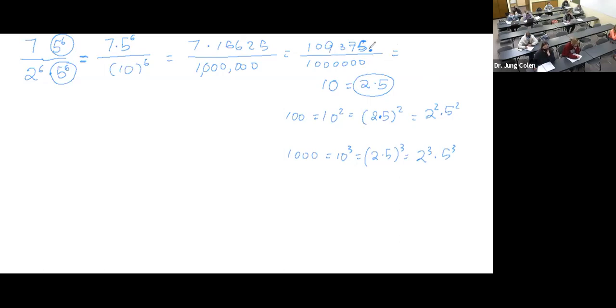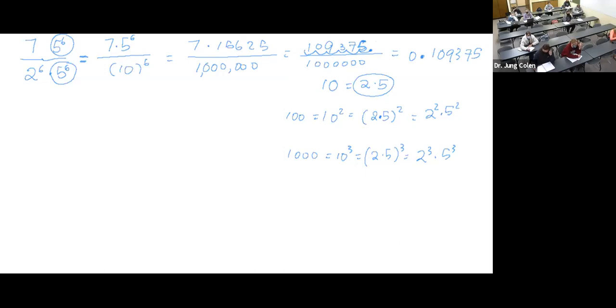So if you are dividing, you need to move the decimal point to the left. Since we have 6 zeros, you can move that 6 digits. 3, 4, 5, 6. And that's where the decimal point goes. 0.109375. What do you think? Good?